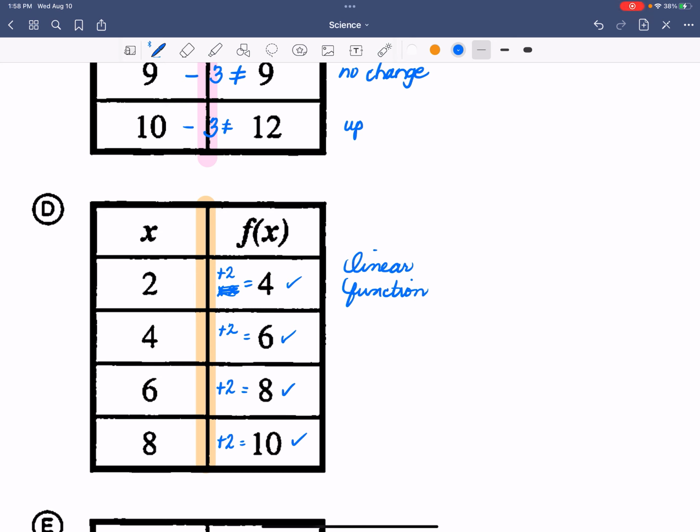In each situation, I'm adding to the input. And you could even, if you want to write that rule, you are adding 2 to the input. In the first three examples, I can't write the rule because the rule is not consistent down the cells.